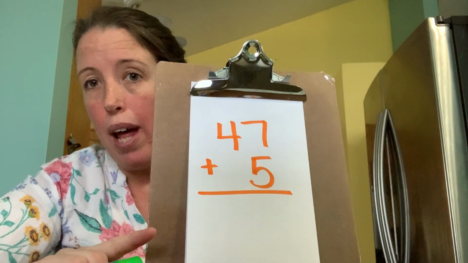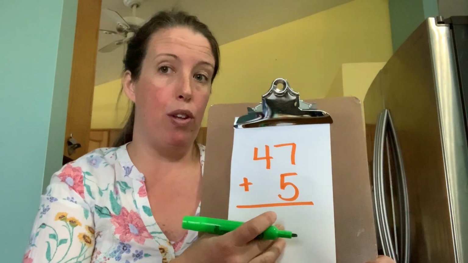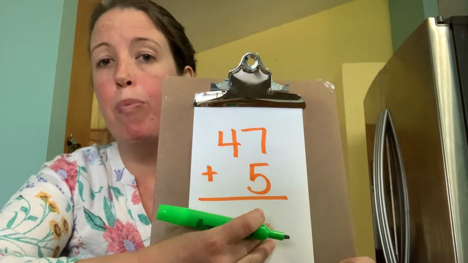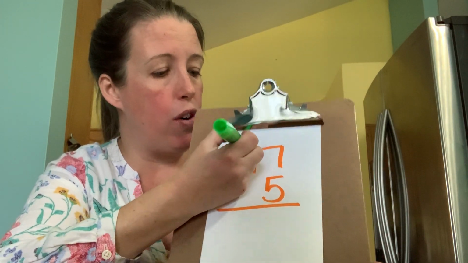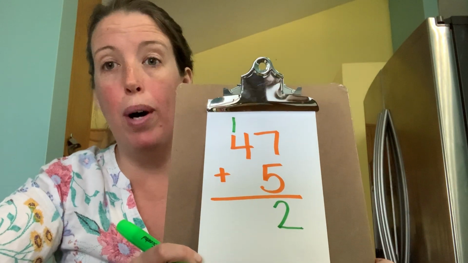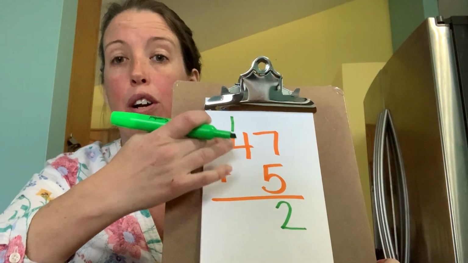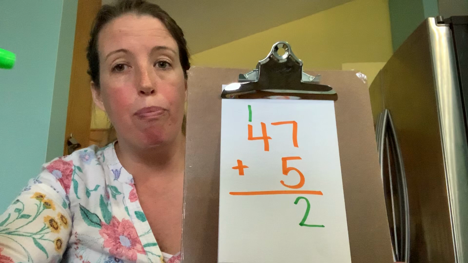Now when you do that, you do not place both the 1 and the 2 in your answer, right? What we end up doing is we carry the 1 over here, and we put the 2 ones right there. That step is very important to remember because you're going to be mirroring that with multiplication.